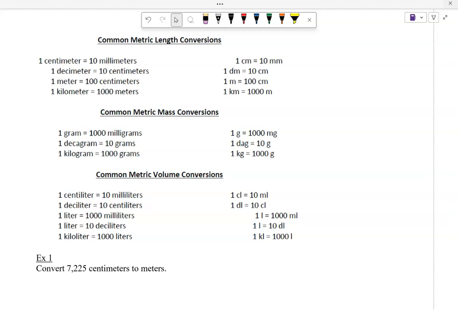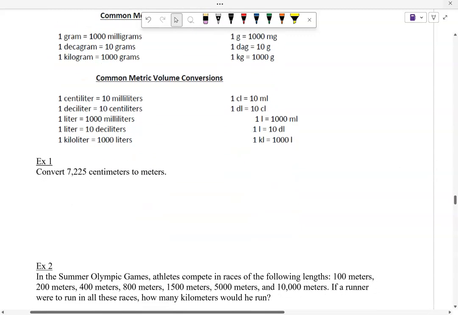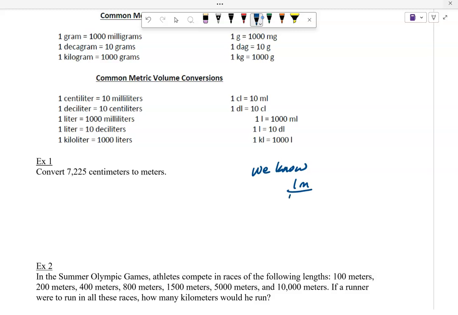But let's go ahead and convert 7,225 centimeters to meters. We know that for every meter, there's 100 centimeters. Centi is 1/100th. So let's see what we have to start with: 7,225 centimeters.